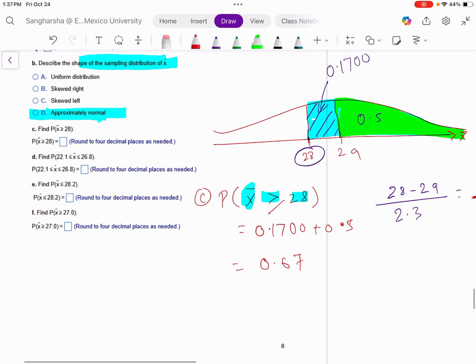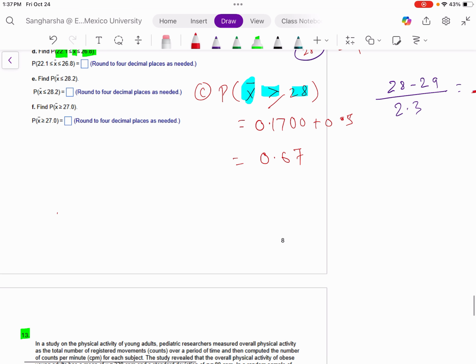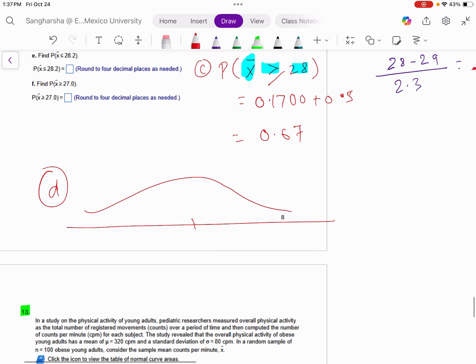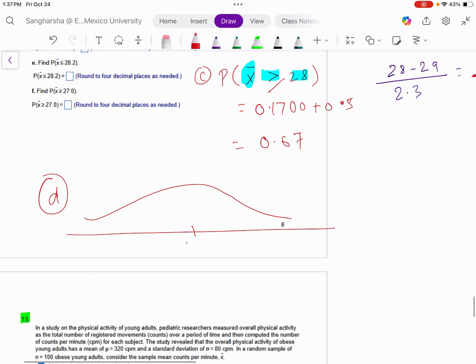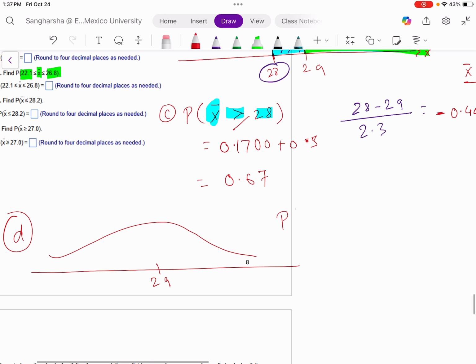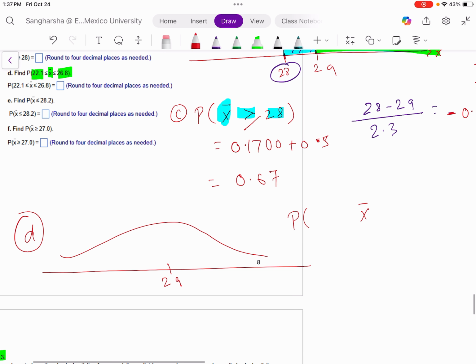In part D, we want to find the probability that x bar is in between these two numbers. Let me draw a bell-shaped curve. Our mu of x bar is 29. We want to find the probability that x bar is greater than or equal to 22.1 and less than or equal to 26.8.